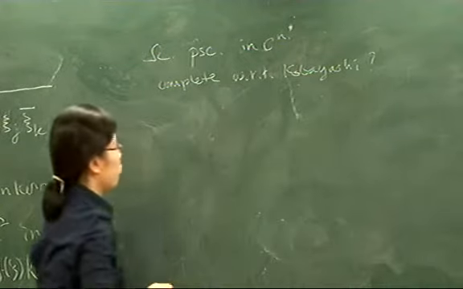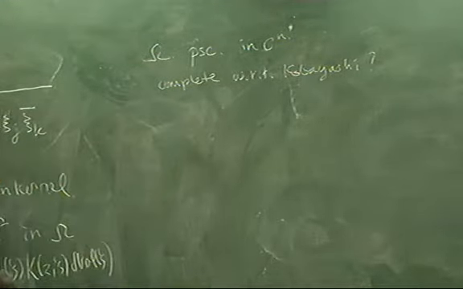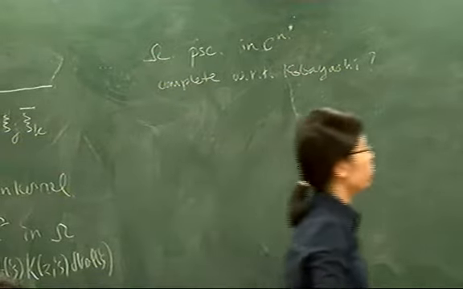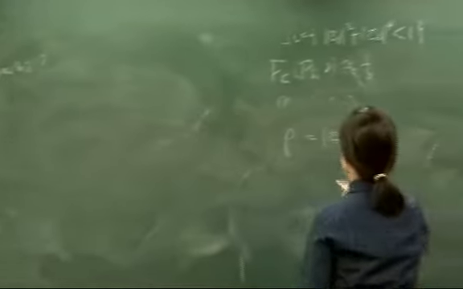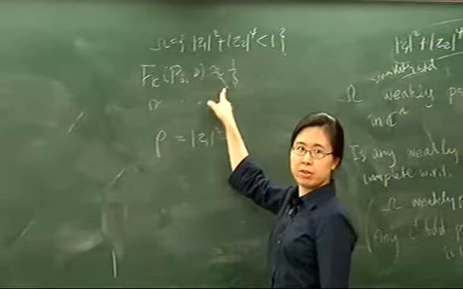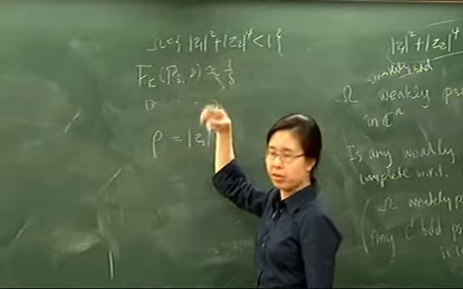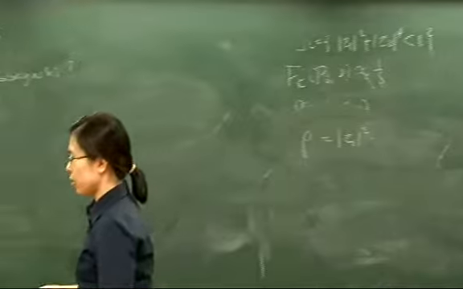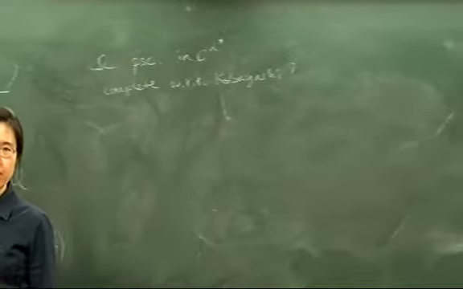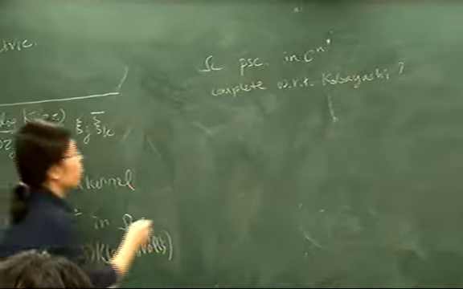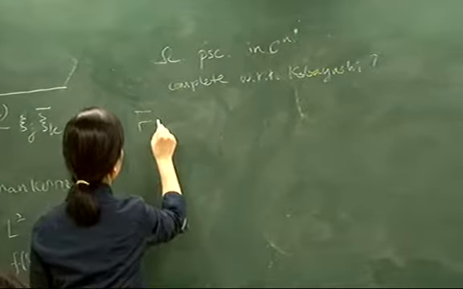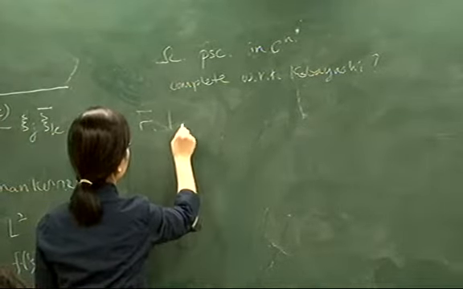And this question is still open. One would expect that if you estimate the metric near the boundary, it should behave something like this to have completeness, like in the other domains. But it turns out it's not actually the case. So the example by Fornaess and myself.